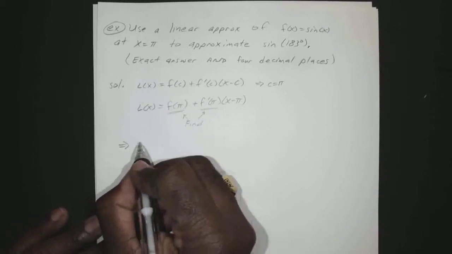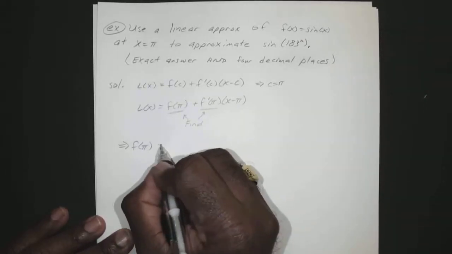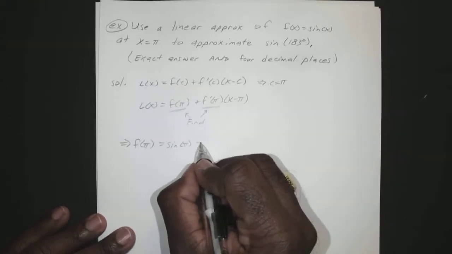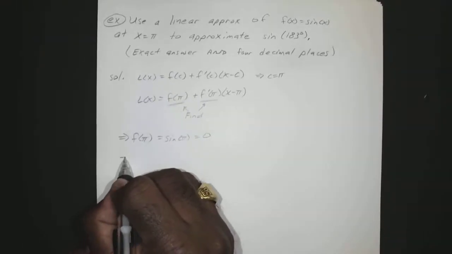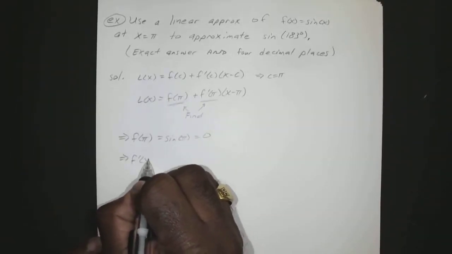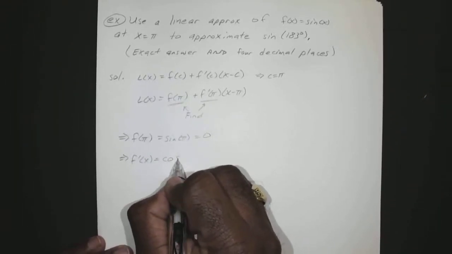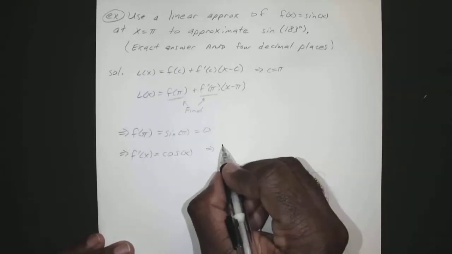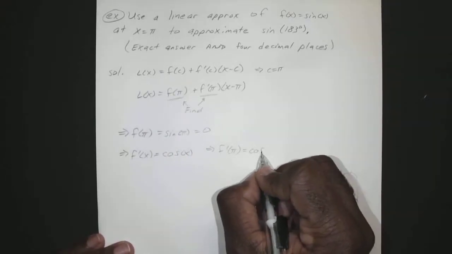We know our f of pi. Since f of x is sine of x, f of pi is sine of pi, which equals 0. And our f prime of x, the derivative of sine is cosine, so that's cosine of x, which means that our f prime of pi is equal to cosine of pi.